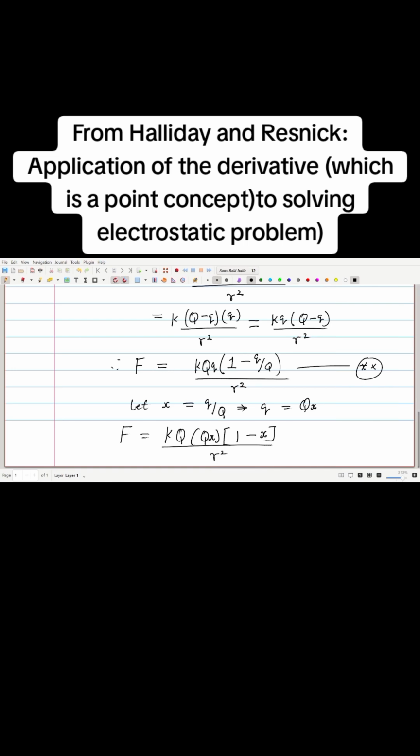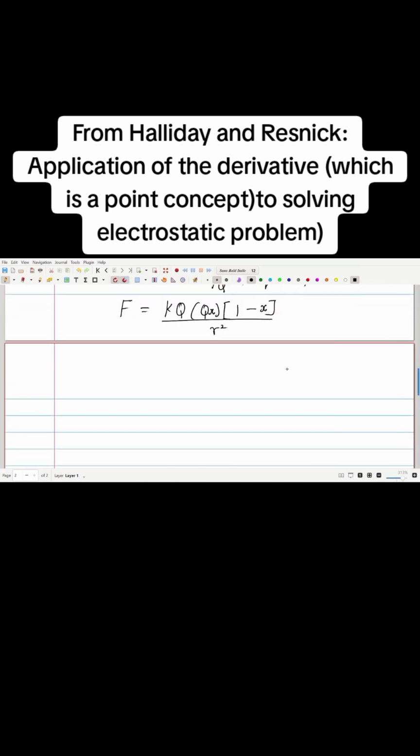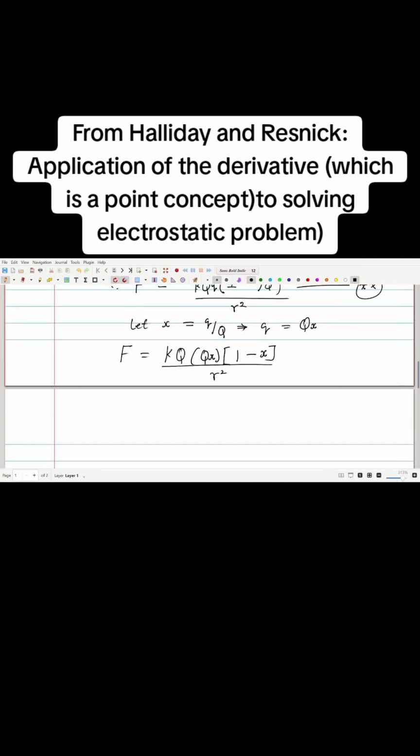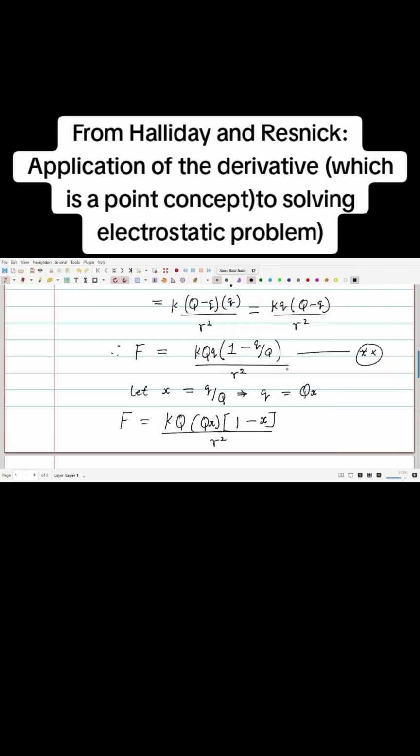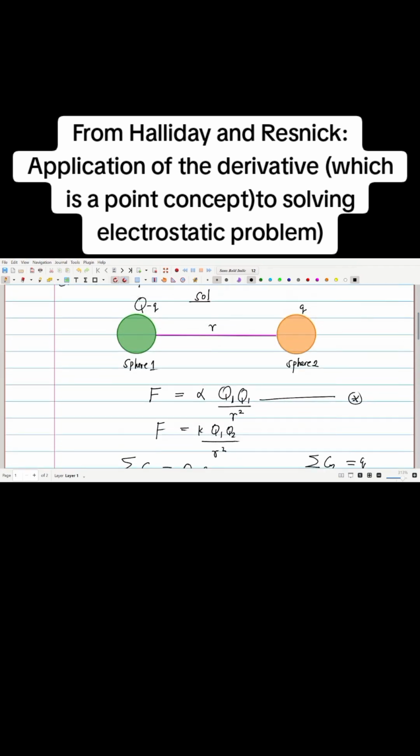Now the page is exhausted, so let me take more page so I can continue the work. We have this as a result, so we shall expand. Don't forget that this can be conceived as a function of x. The total charge on the first sphere is uppercase Q, which is considered constant.